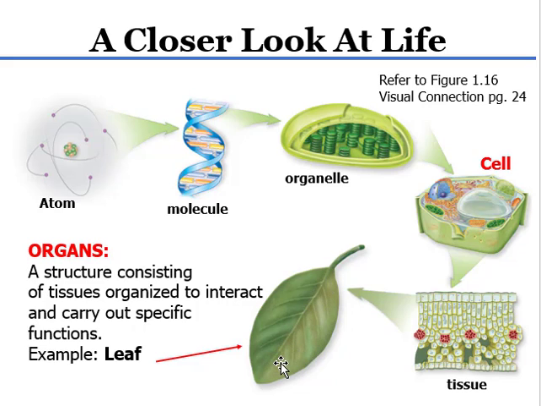You can see the veining in the leaf. So this is an organ. You can go backwards from the organ to the tissue, to the cell, to the organelle, to the molecule, and to the atom. You can go ahead and look at figure 1.16 and use the visual connections on page 24 in your ebook.